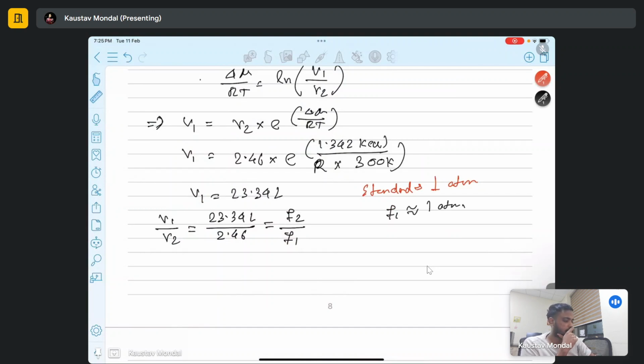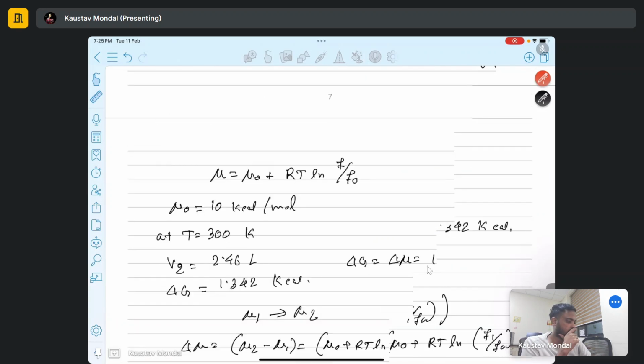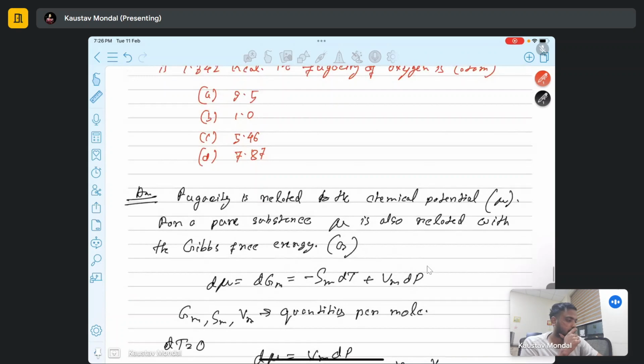Now if you put it here, F2 equals 23.34 into 2.46 into 1, so that basically gives you 9.488, the value of F2. If you check the answer, we have 9.5 here.